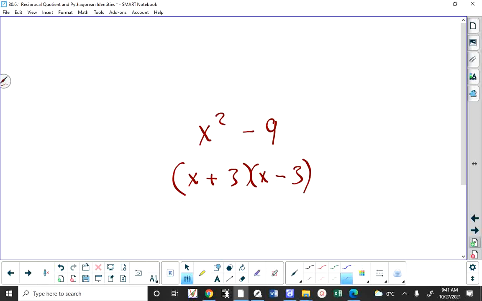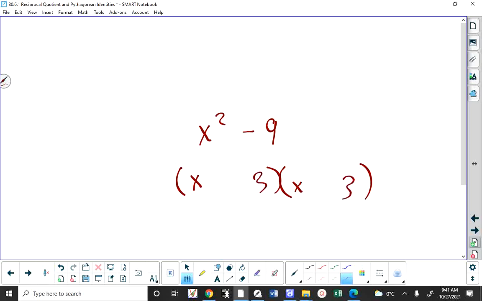Is x squared a perfect square? Yes. What is it the perfect square of? It's the perfect square of x, which means you put x here and here. Is 9 a perfect square? What is it the perfect square of? Well, 3. So you put 3 here and here.